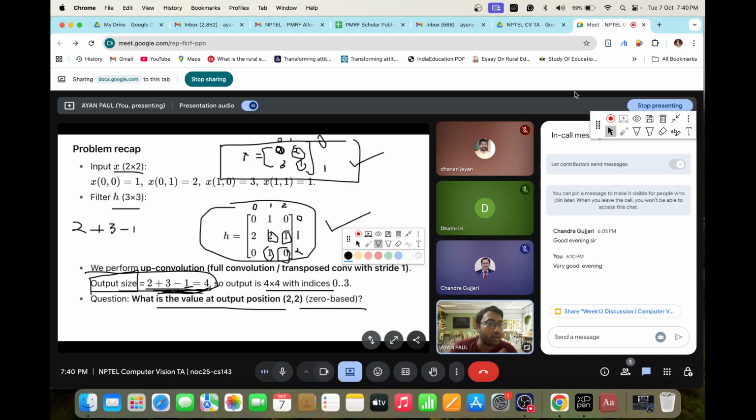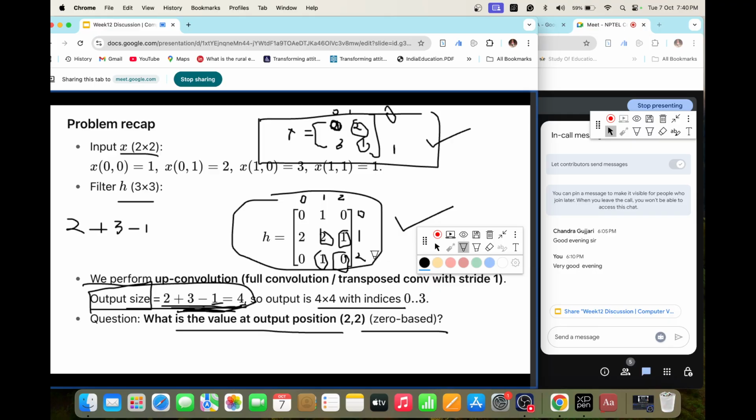That is why the output here is calculated as input plus filter minus 1. So your upconvolved output will be 4 cross 4. Is it clear up to this? Clear, right? Okay, nice. If this is clear, the rest of the things are very easy.